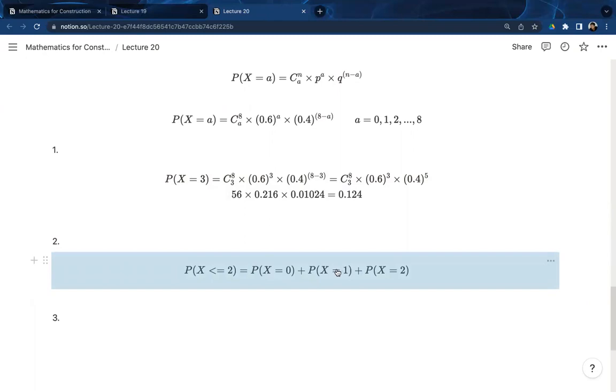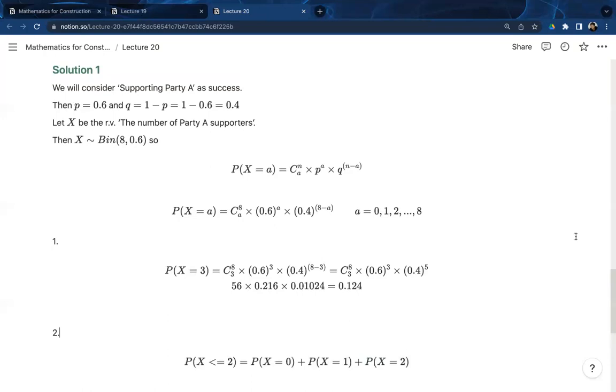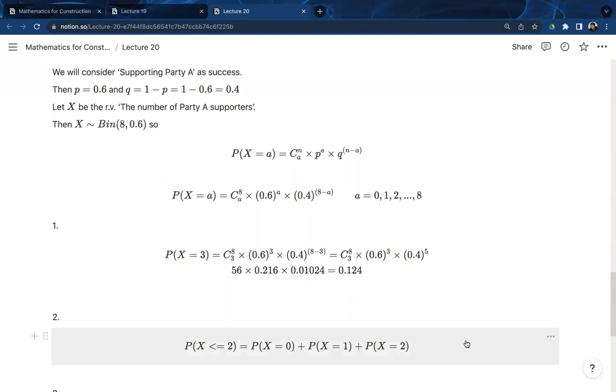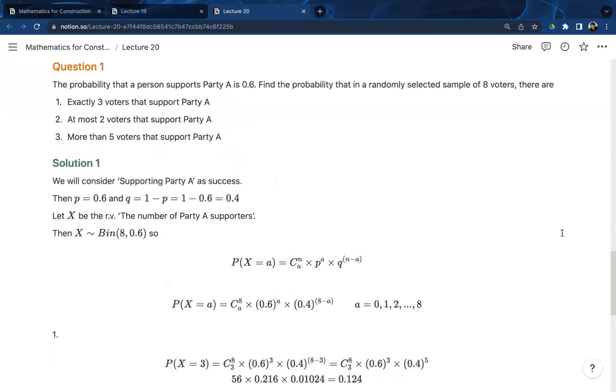This is the probability that you had 1 success, 1 person liking the party. And this is the probability that you have 2 people that support the party. All right, so what I want you to do now is calculate what this probability is here, and then think about what question 3 is asking. Phrase it in terms of this probability here and try and figure it out.